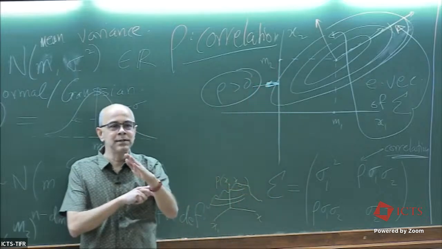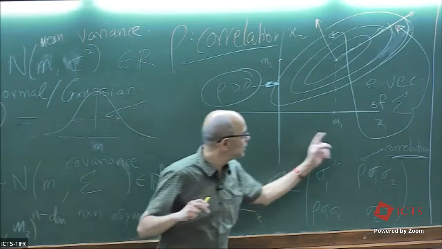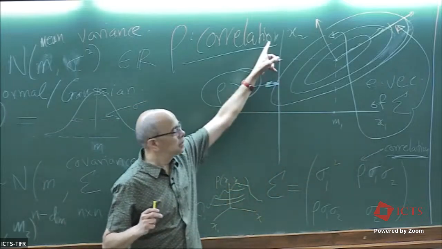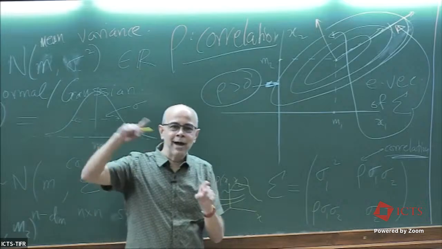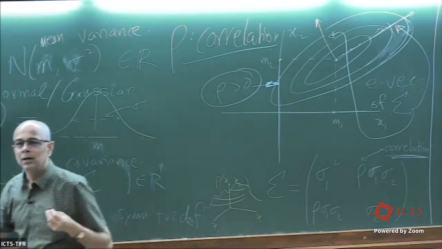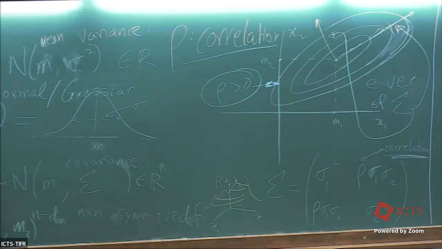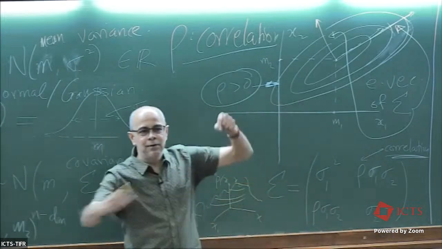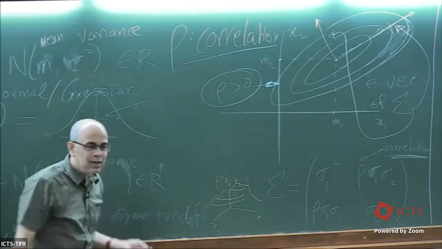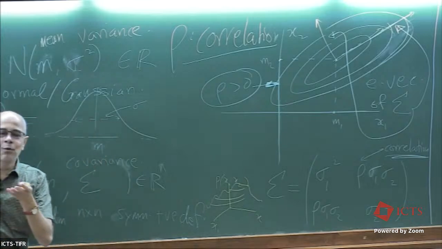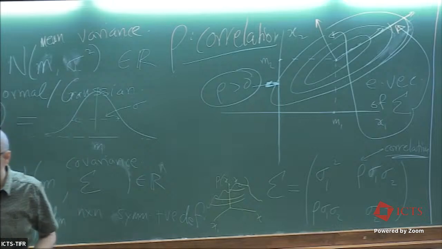And how does the uncertainty in one random variable x1 relate to the uncertainty in the other random variable x2, which is given by the correlation? The off-diagonal terms of the covariance matrix give you the relation between uncertainty of one and the other. And of course, for an n cross n matrix, there will be n standard deviations along the diagonal, and since it's a symmetric matrix, only the upper diagonal part will have the correlations between the different random variables and so on.